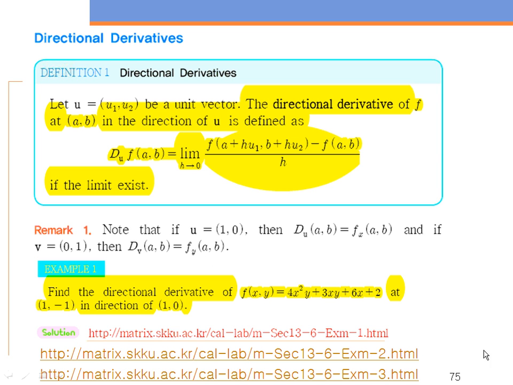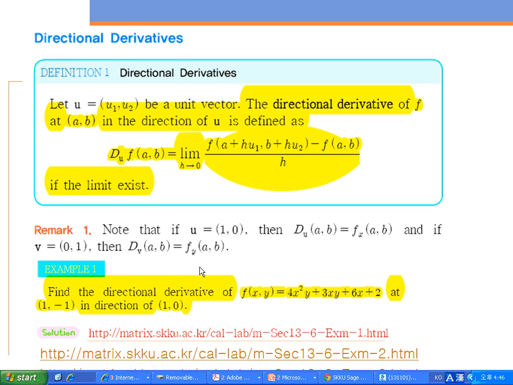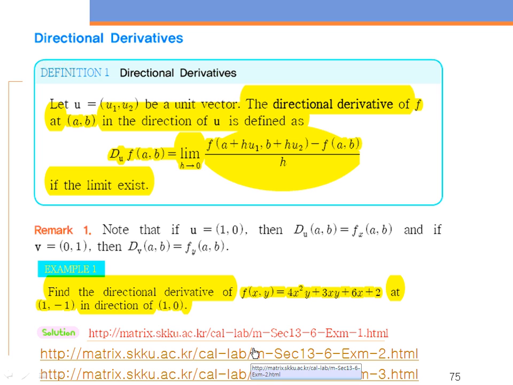The first example is to find the directional derivative of this function at the point (1, -1) in the direction of (1, 0). This is just the partial derivative of f with respect to x, and we plug in these values. The second and third examples are the same.